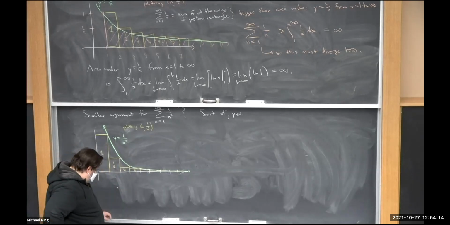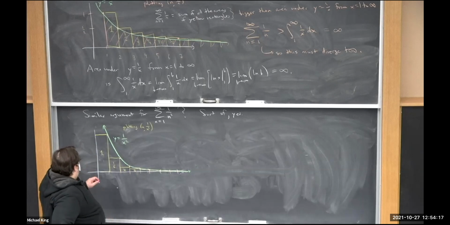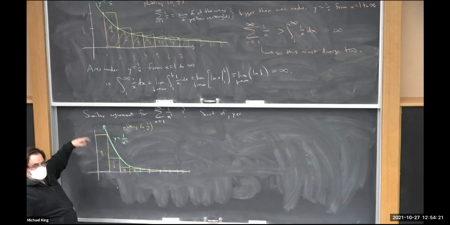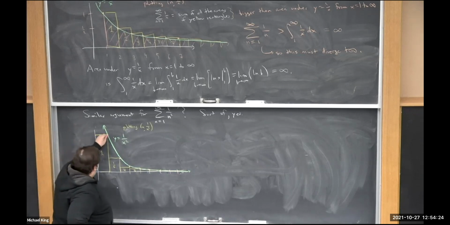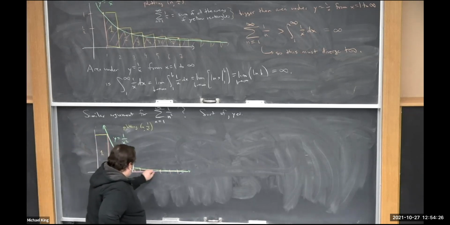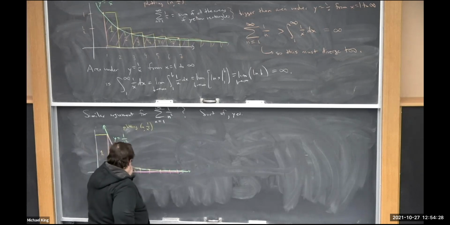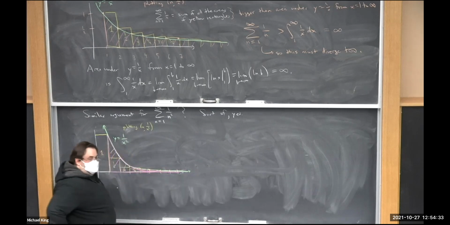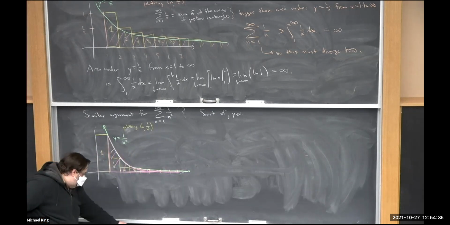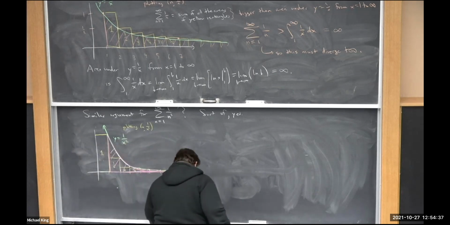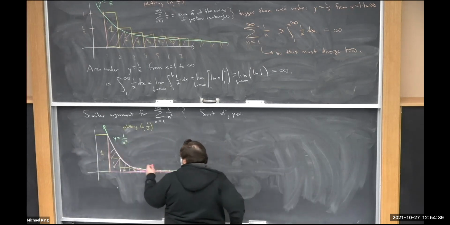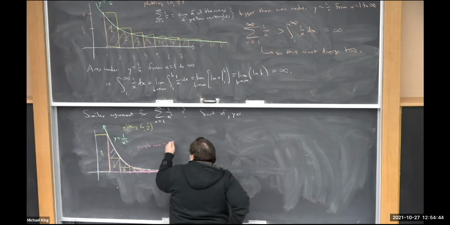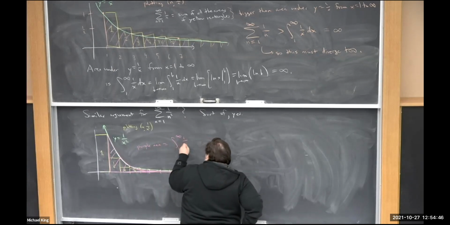Now we have to be a little careful because we can't do the integral from 0 to infinity, since it's improper at 0. But it's not going to matter, because if we just think about this area again, that area right there is finite. So the purplish area here is the integral from 1 to infinity of 1 over x squared dx.